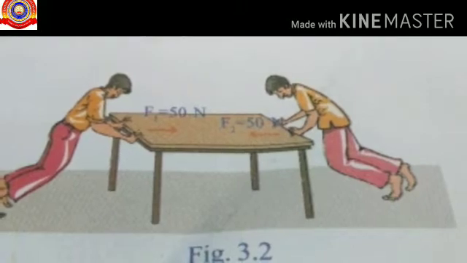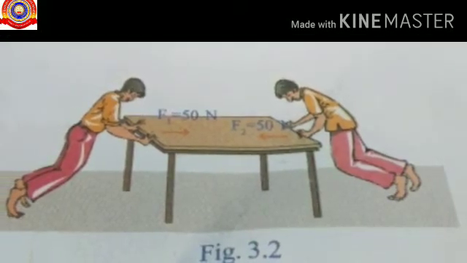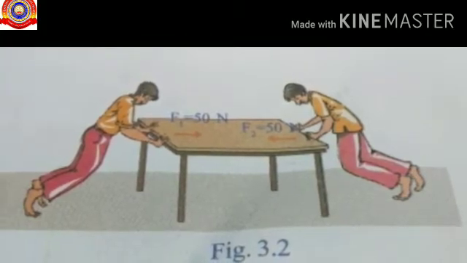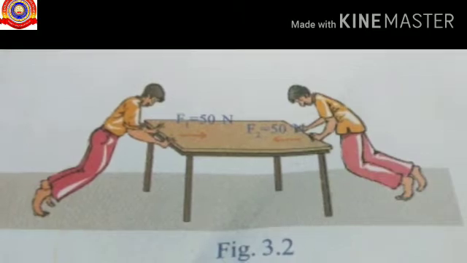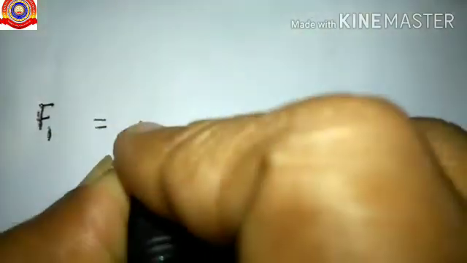So here is the next picture. Here also two boys are pushing the table, but from opposite sides with equal forces, that is F1 equals 50 Newton and F2 equals 50 Newton. Let's see how we can find the resultant force here. F1 equals 50 Newton.